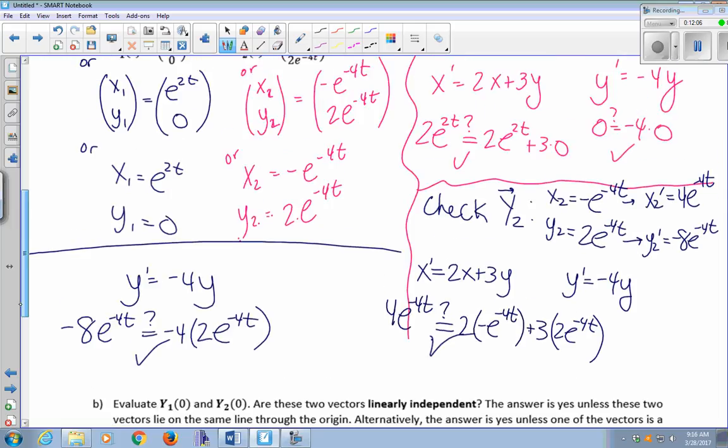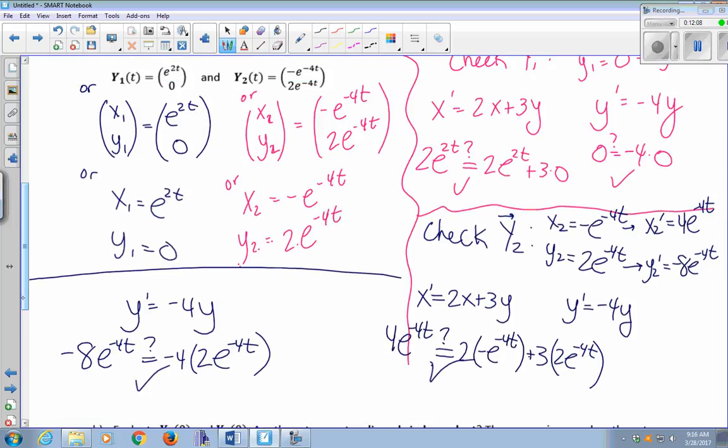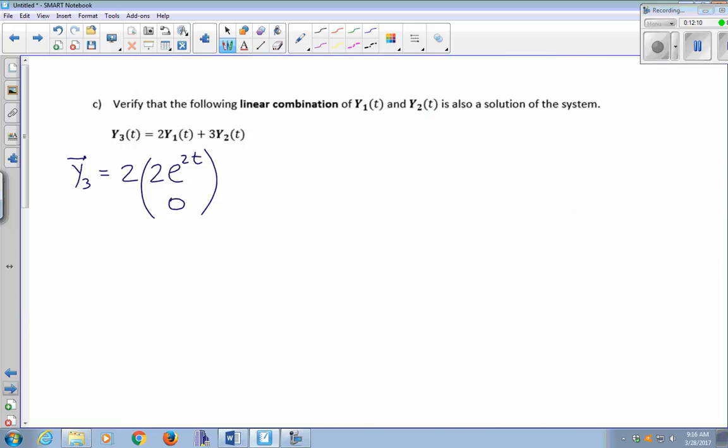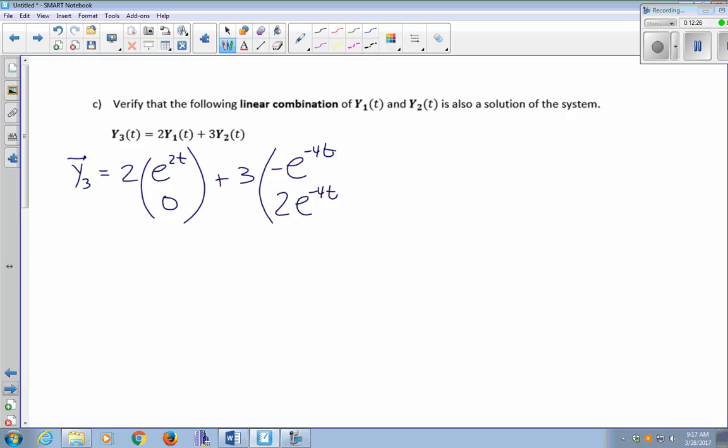I wrote the 2 twice. Yeah. Okay. e to the 2t and 0, that's y1, plus 3 times y2, which was negative e to the negative 4t, and 2e to the negative 4t. That's the y1 and y2 I gave you a little bit ago.